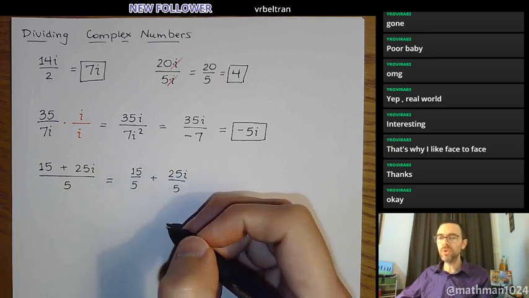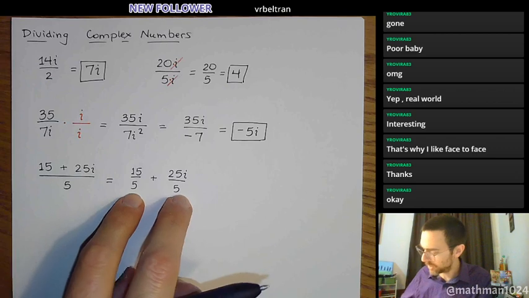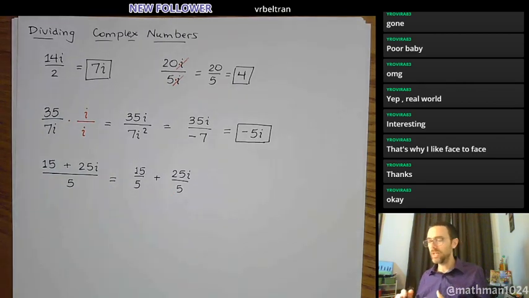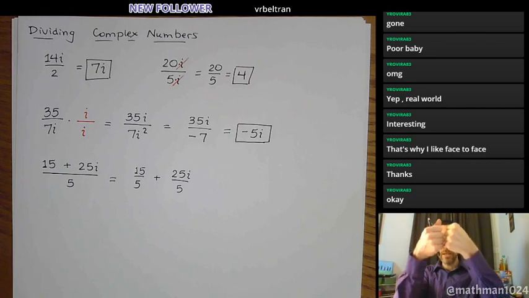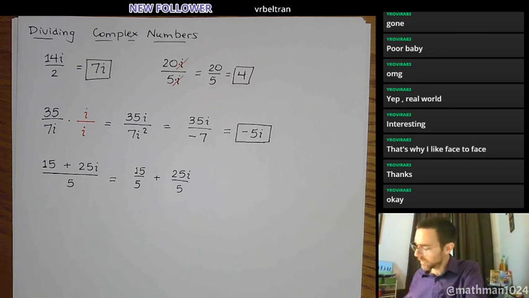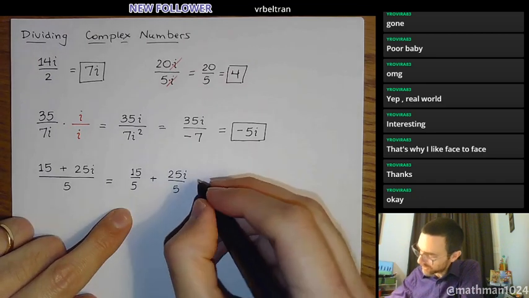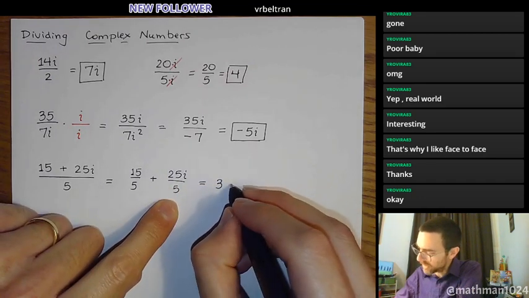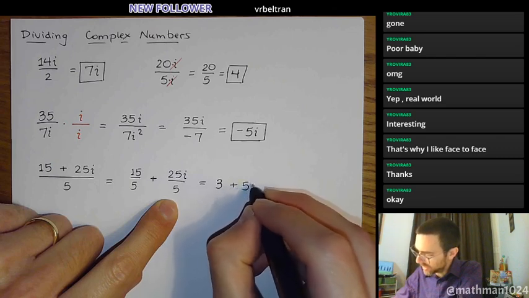We're so used to saying if we have the same denominator, we can combine this into a single fraction. And now we're saying, you know what, you did combine into 1, let's break it apart. So 15 divided by 5 is 3, and 25i over 5 is 5i.